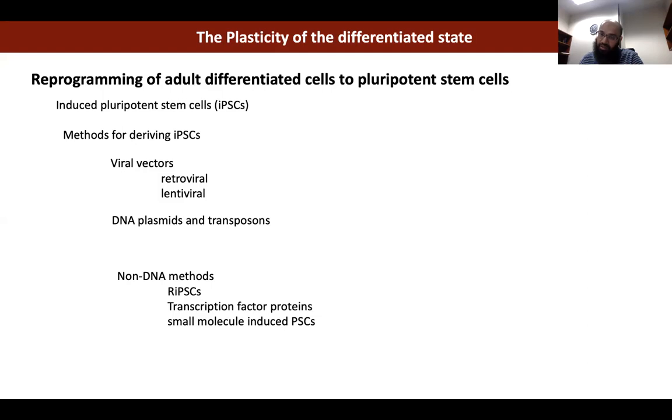An important thing is that they are pluripotent stem cells, so they can be differentiated into any cell type. And they will also have the problems associated with pluripotent stem cells, which we'll encounter later, that they can grow into teratomas and cancers, which is a side effect for these pluripotent stem cells.